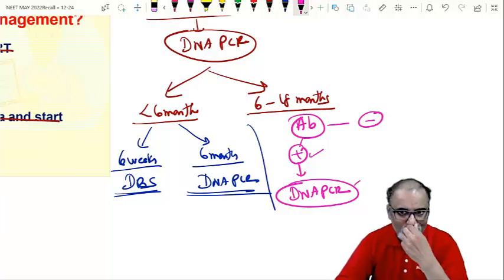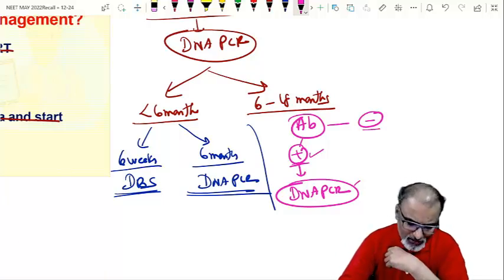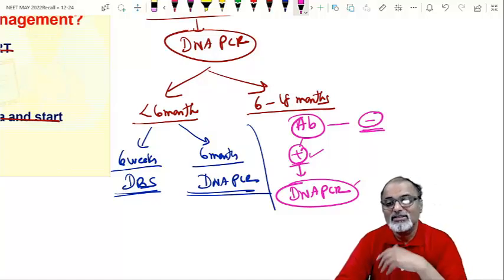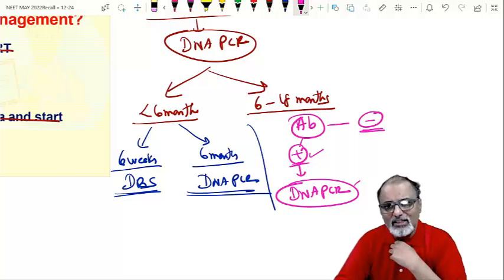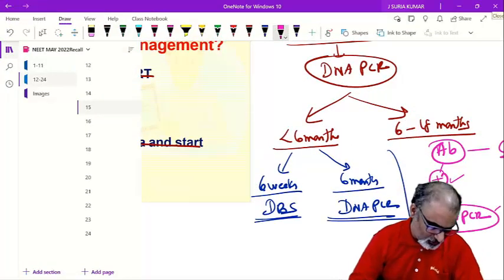If the DNA PCR is positive, this antibody may be from the child. If there is no antibody, it means the mother's antibody has not crossed, so the child may not be infected, but we can't say 100%. If the child is symptomatic, AIDS defining illness is there, then go for DNA PCR. That's the NACO guideline. I'll show the image.